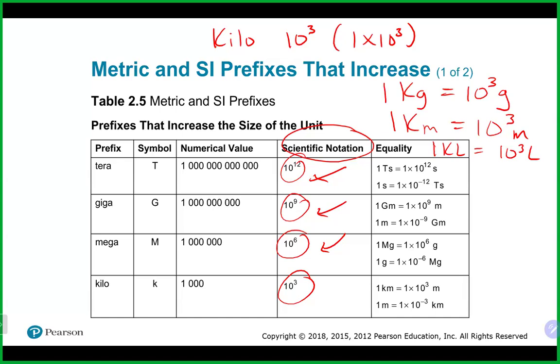Now, you might be saying that on the last one, 1 kilogram is 1,000 grams, and it was. That's because 1 times 10 to the 3, if you turn it into a number, means you go 1, 2, 3 places to the right, put in some zeros, and now you have your 1,000. That is where we get that number from.